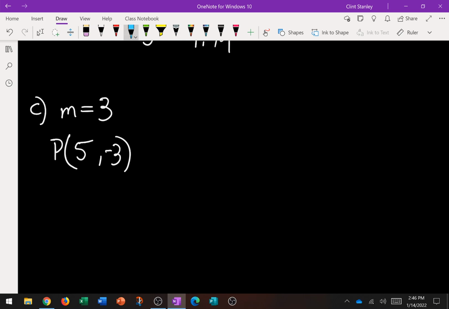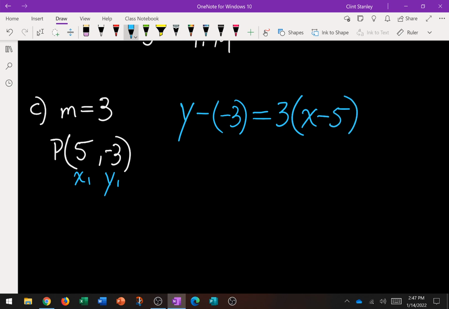So plugging into point slope, y minus, be careful on these if it's been a while since you've done them especially, got to be minus negative 3 times x. And we can solve that for y.